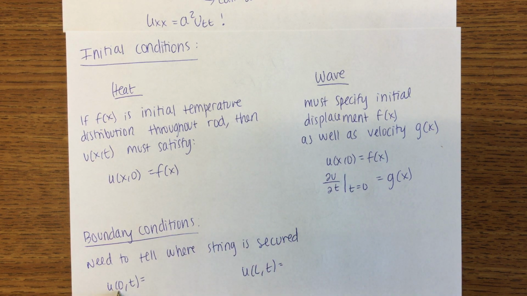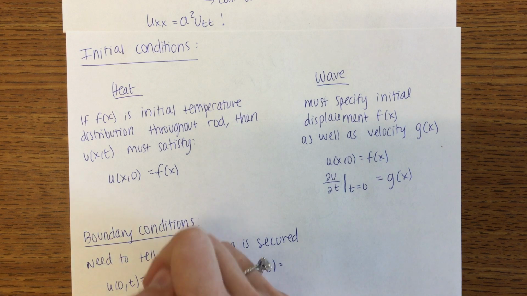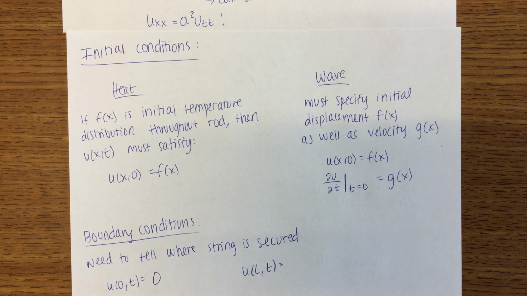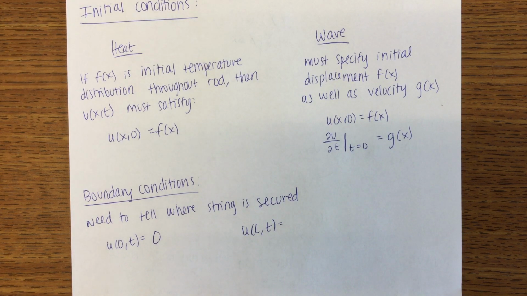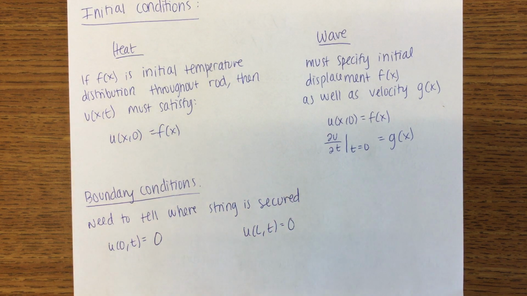So at position 0, whatever time is going to be some initial displacement. So in the example I gave you, the string was tethered at both x equals 0 and x equals L. So these would be the boundary conditions then. Okay.